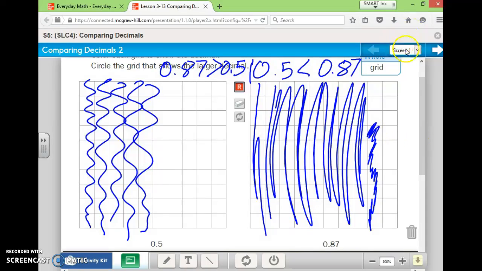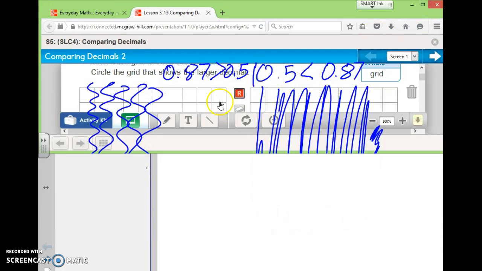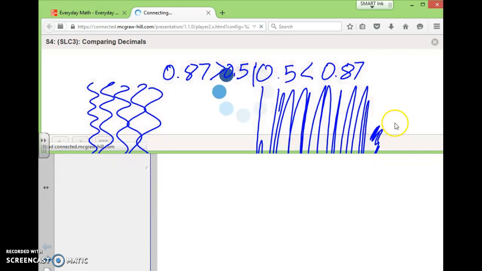Now what I need to do, though, is I need to go back a few screens.